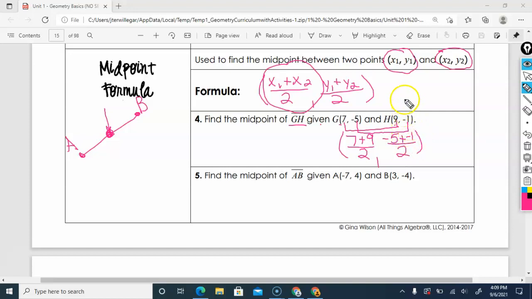Add your y's, divide by 2. 7 plus 9 is 16 over 2. -5 plus -1, they're both negative, so you add them and keep the sign, is -6. Divide by 2. 16 divided by 2 is 8. -6 divided by 2 is -3. Right? Any questions?